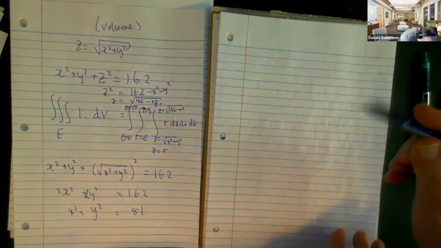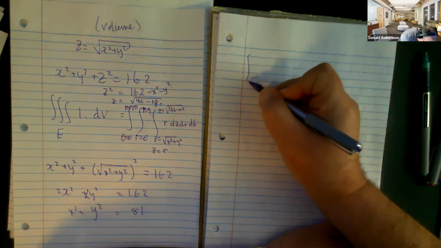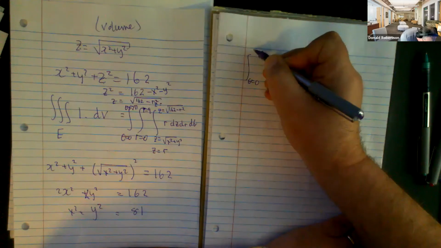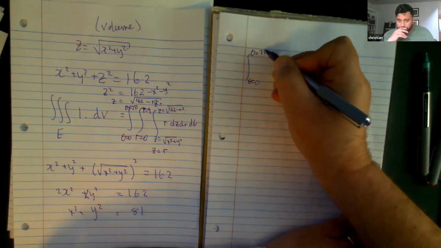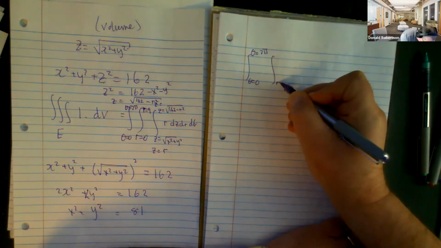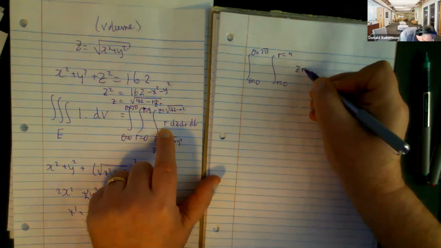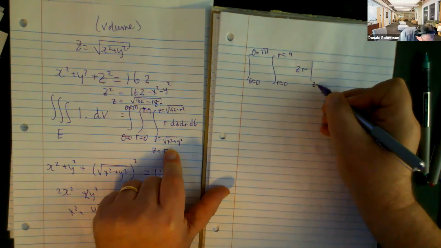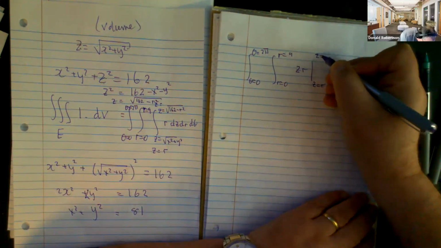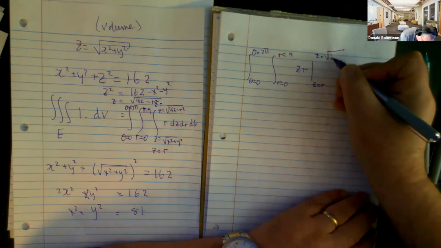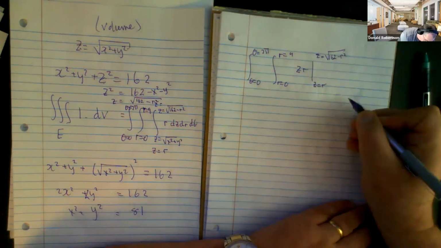If you put it in, it's theta equals 0 to theta equals 2 pi, and r equals 0 to r equals 9. This one becomes z r, evaluated at z equals r on one side and z equals the square root of 162 take away r squared on the other side.